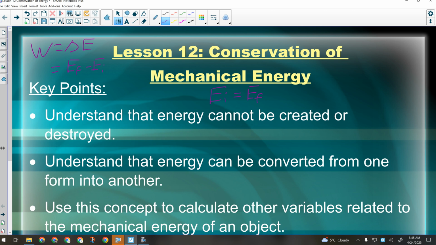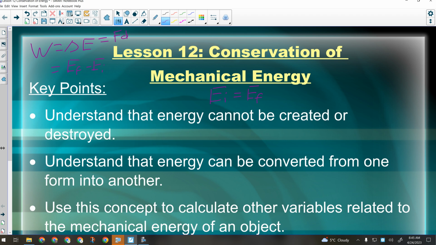Or maybe let's look at some things that might be similar. In a work energy theorem question, what's the other way to calculate work? Force times distance.